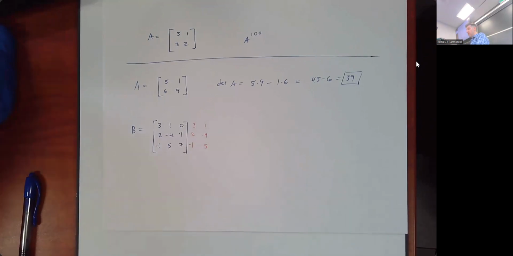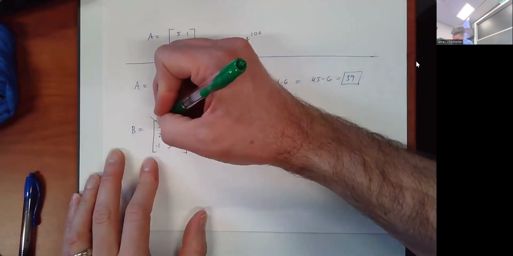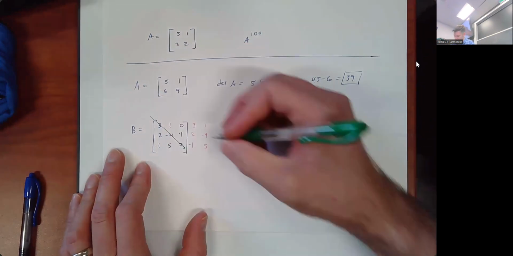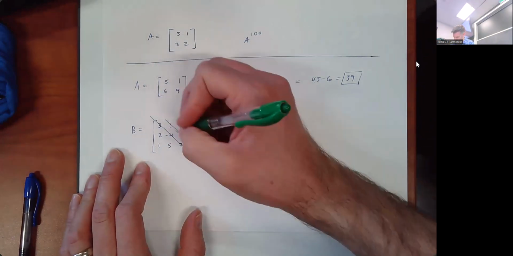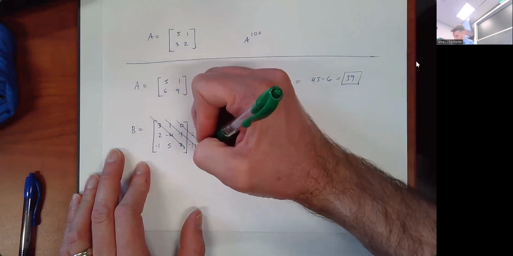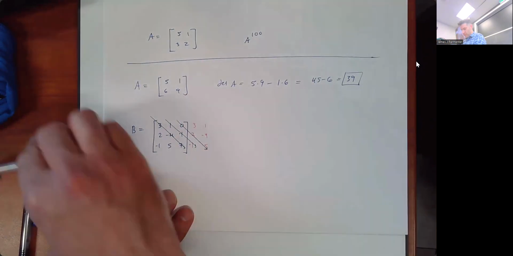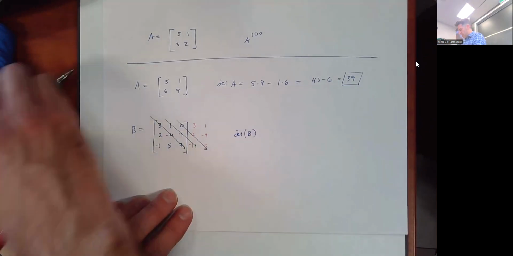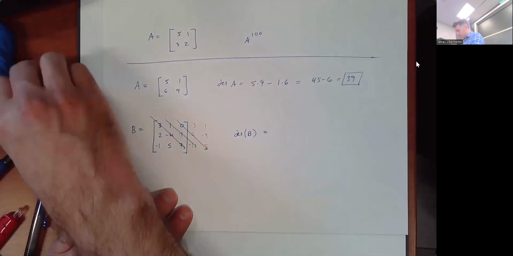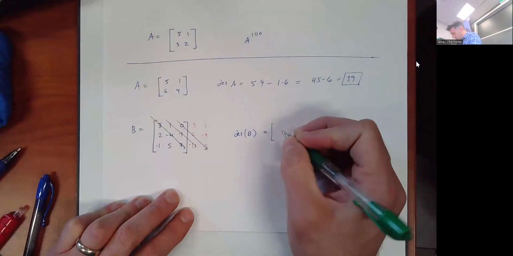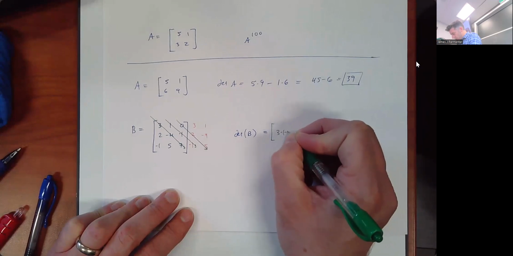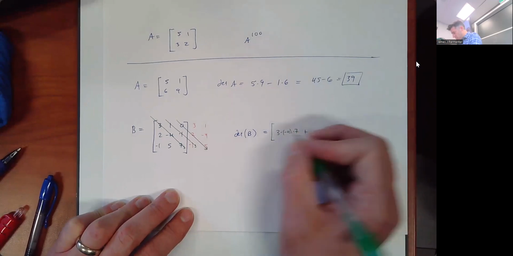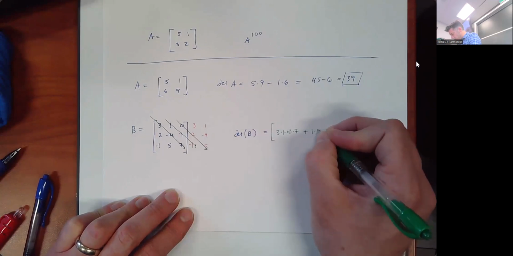And then here's what we do. From upper left to lower right, we multiply the things together, meaning I'm going to do 3 times -4 times 7, 1 times -1 times 1, and 0 times 2 times 5. So the determinant of B, and we're not done, but just hold on, is going to equal 3 times -4 times 7 plus 1 times 1 times -1.